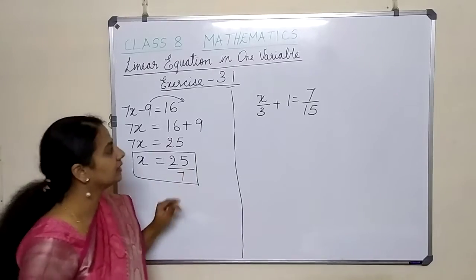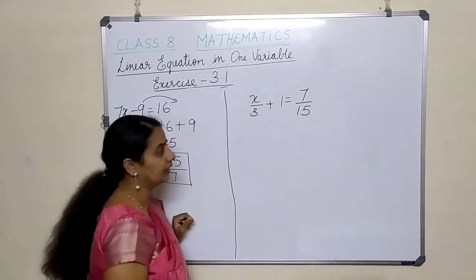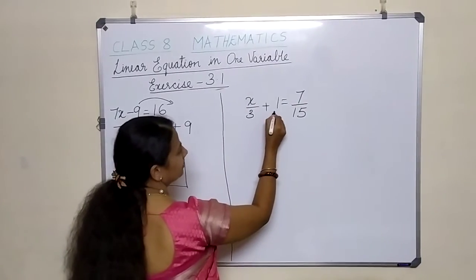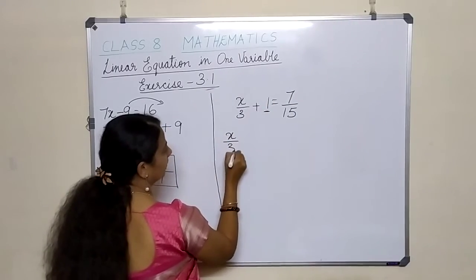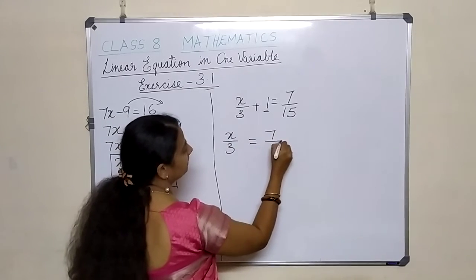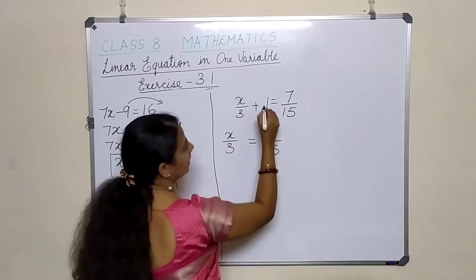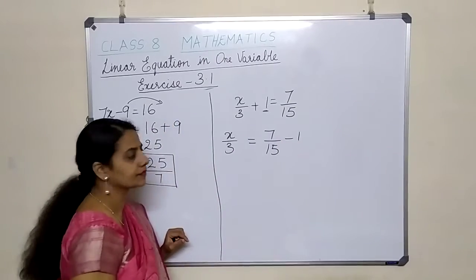Now coming to the other one, x by 3 plus 1 equals 7 by 15. So first we will transfer this 1 to the other side. So it becomes x by 3 as it is, right down, is equal to 7 by 15, and when 1 goes that side it becomes minus 1.